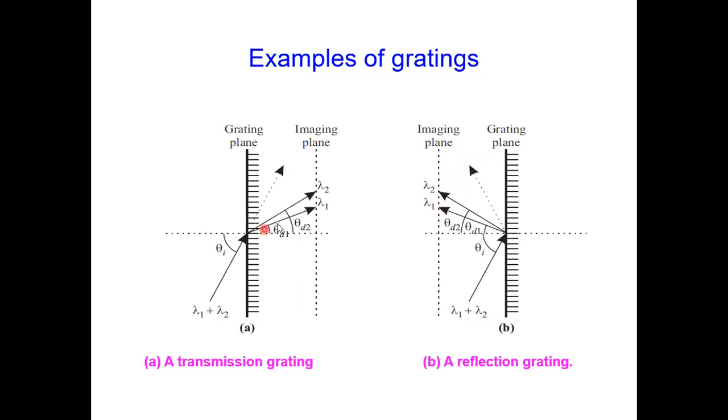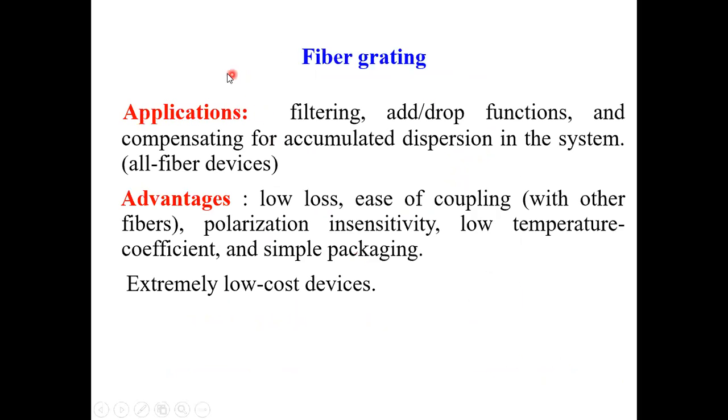Since in the first case the light was transmitted into the other medium, it was called a transmission grating, and this is called a reflection grating. So the concept is that light from a single source is separated into multiple wavelengths. Now, where do I actually use fiber gratings? This is an important question from the MCQ point of view.